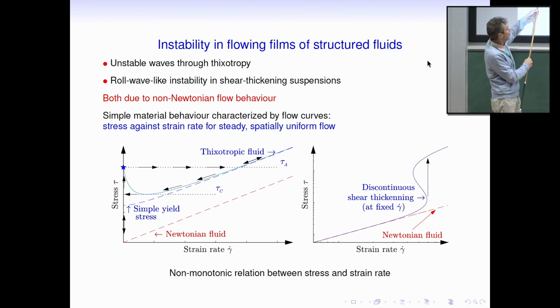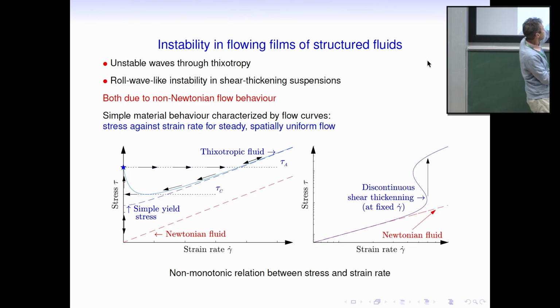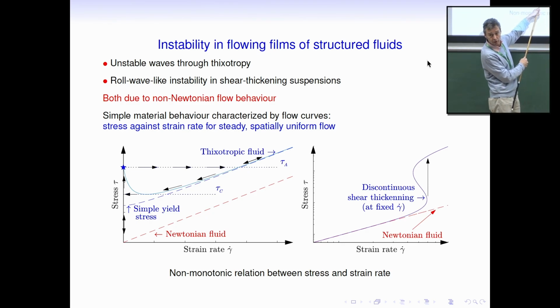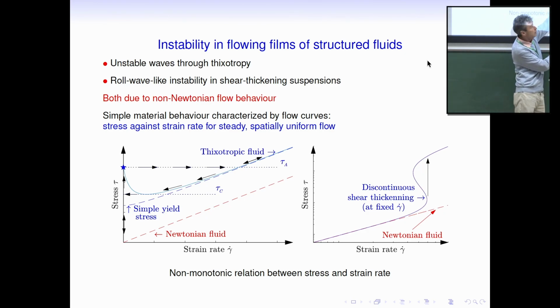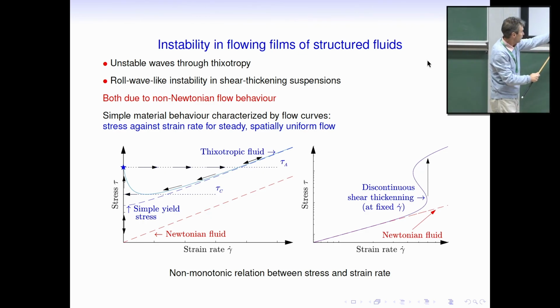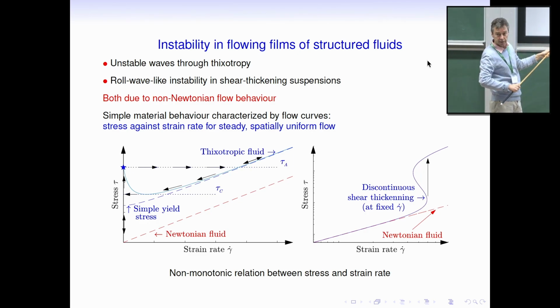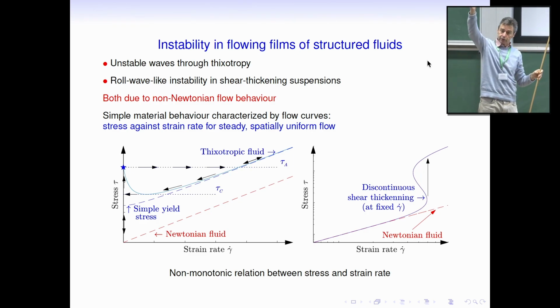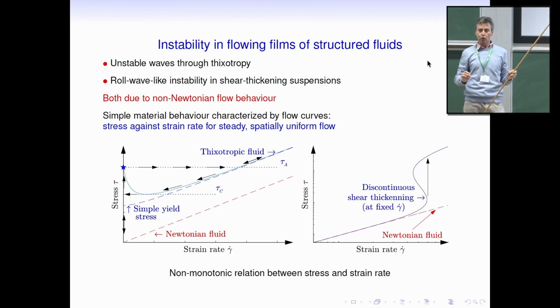You reach this particular point, all of a sudden you've got to zip over here to the other branch of this flow curve, and then you keep going up. Now I decrease the torque, I come back down, I follow this branch until I reach that point, and then all of a sudden I have to stop and come back down like that. So in other words, I get this hysteretic pair of flow curves. That's the hallmark of thixotropy.